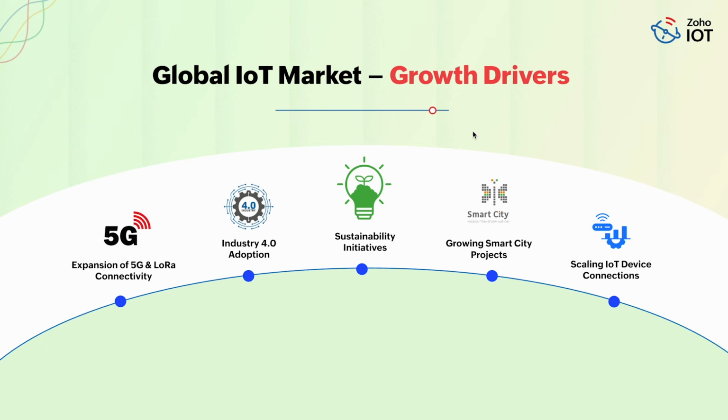And throughout the world, governments have been taking up initiatives for sustainability, carbon reductions and things. So that is one of the drivers for having an IoT enabled service. And for smart city projects, it definitely requires large scale IoT deployments, for which IoT platforms are necessary.